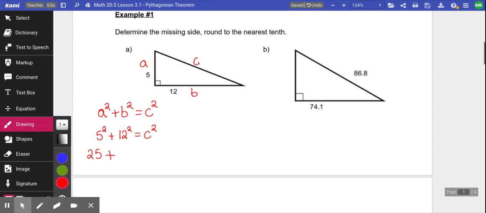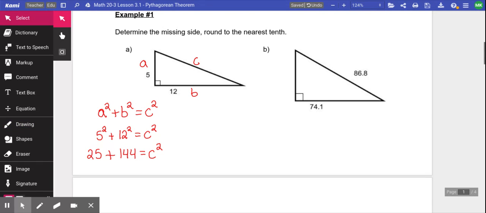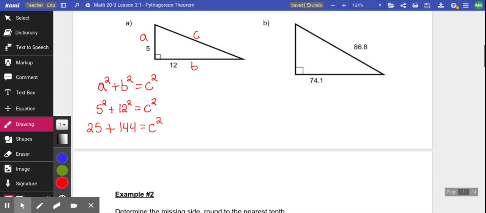Plus 12 squared, 12 times 12 is 144. Equals C squared. 25 plus 144 is 169, so C squared is 169, and the square root is 13.